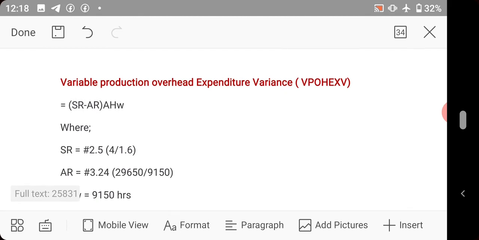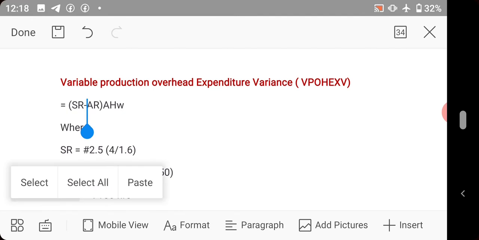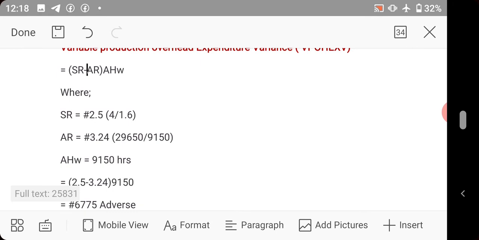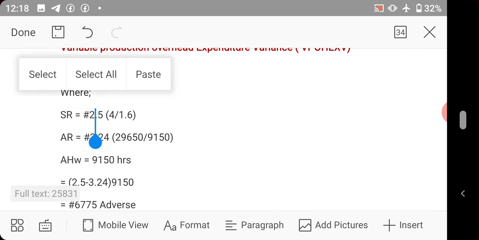So now move down to variable production expenditure variance. This makes use of the same formula with labor rate variance, which is standard rate minus actual rate times actual hour worked. I know that our actual hour worked is 9,150. So what is our standard rate? Our standard rate is 2.5. How was it gotten? By saying 4 divided by 1.6.